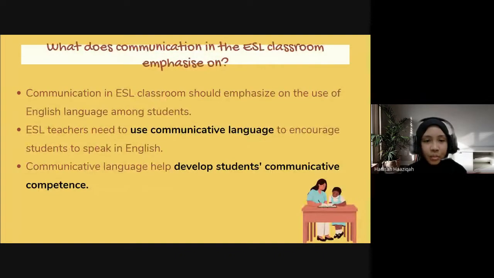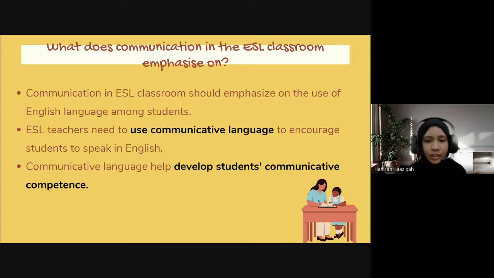Okay, for the second point in the introduction, what does communication in the ESL classroom emphasize? Communication in the ESL classroom should emphasize the use of English among students. Indeed, as students, one of the reasons we learn the English language is to be able to use the language. Thus, ESL teachers need to use communicative language to encourage students to speak in English.